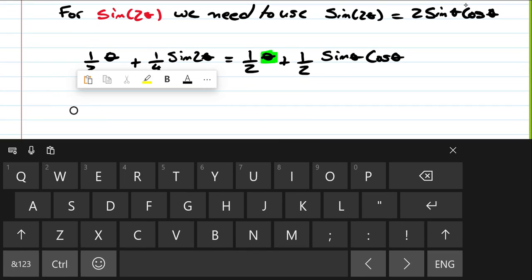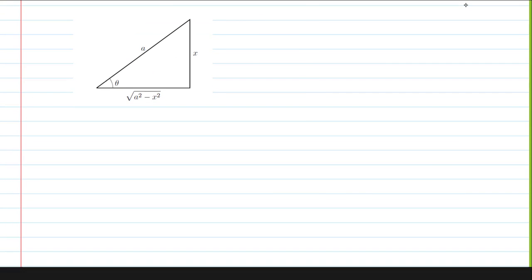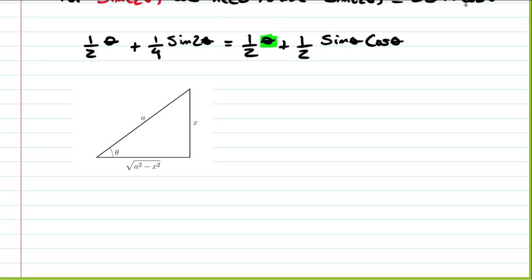So we have our triangle, but instead of having a squared, we're going to have just 1. So for us, a equals 1. So we get the square root of 1 minus x squared. So now we need to figure out what sine theta is. Well, on this triangle, what's sine by definition? Opposite over hypotenuse.